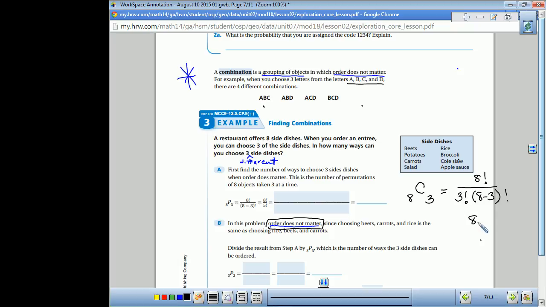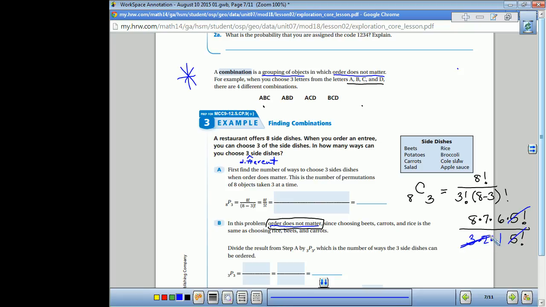Now, when I do this, 8 factorial, I'm going 8 times 7 times 6 times 5 factorial, because what is 8 minus 3? 5. I'm going to make my life a little easier, and I know that those 5 factorials will cancel. Now 3 factorial is 3 times 2 times 1. What is 3 times 2? 6.